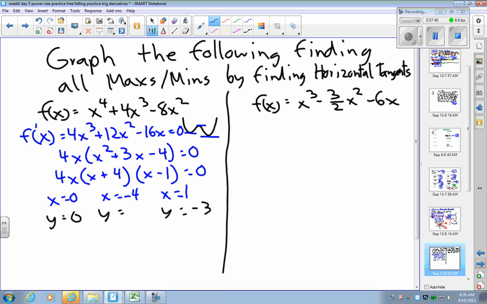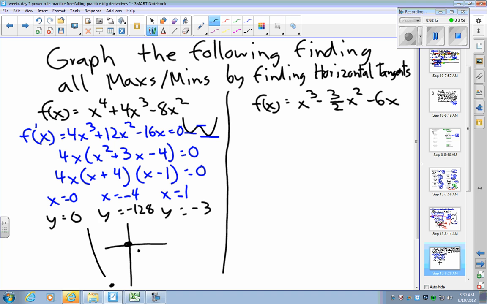Remember, you're plugging into the black equation, x to the 4th plus 4x to the 3rd minus 8x squared, and I want to plug in negative 4. You can't see what I'm doing, but you're doing it on your calculator as well. I got negative 128. Visually, and this is super extreme, I have a point 0, 0. I have a point 1, negative 3. And I have a point negative 4, negative 128 way down here.